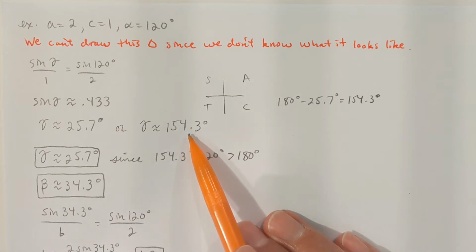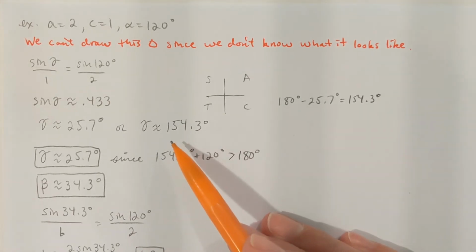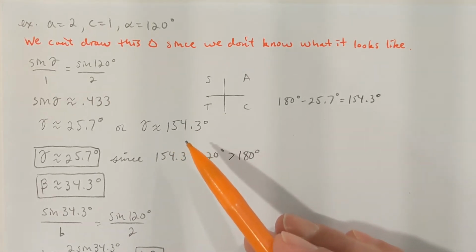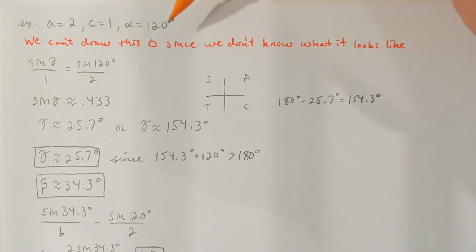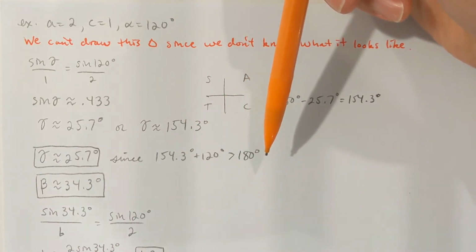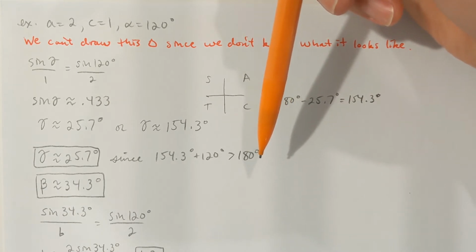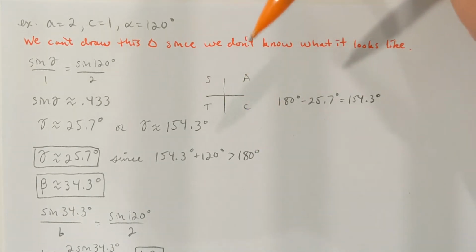Now, that's not going to be a possibility, because if one angle in this triangle were 154.3 degrees and another angle were 120 degrees, I'm already at more than 180 degrees if I add those together, and it's not possible for the third angle to be 0 or negative. So in this case, there's only going to be one solution.